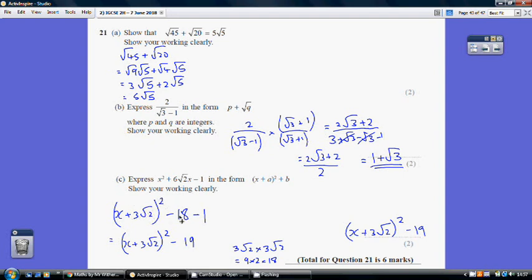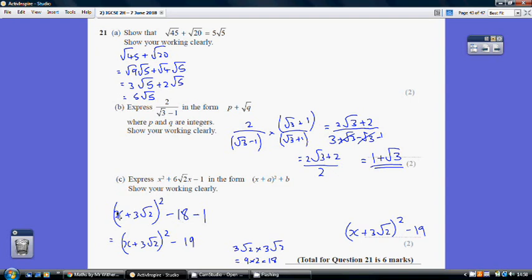Now we need to back out the unwanted bit, when the 3 root 2 multiplies the 3 root 2. 3 root 2 times 3 root 2 is 3 times 3, which is 9. Root 2 times root 2 is root 4, which is 2. And 9 twos are 18. So we've got to back out the 18, so x plus 3 root 2 all squared minus 18.